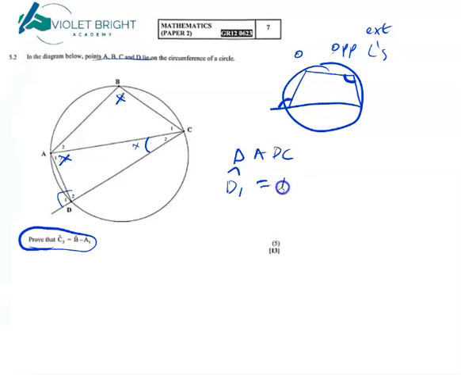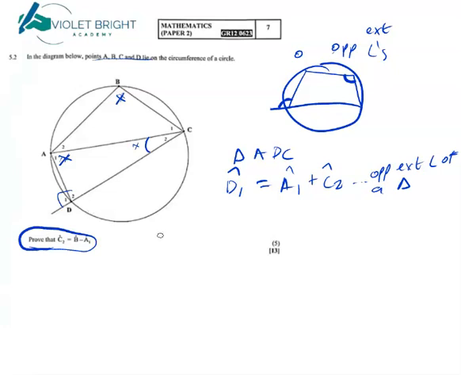A1 plus C2 is equal to the opposite exterior angle of a triangle. So now we have found D1 in terms of A1 and C2.